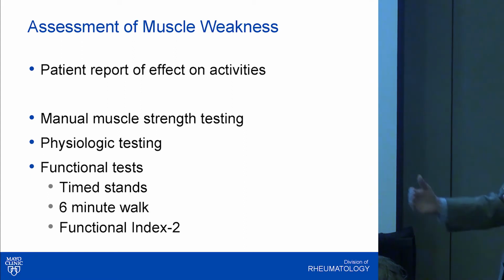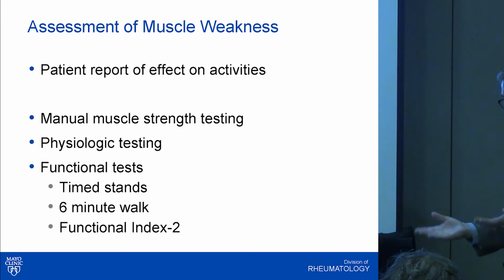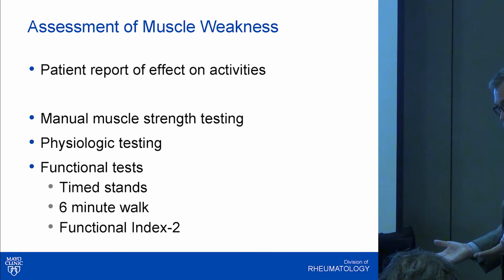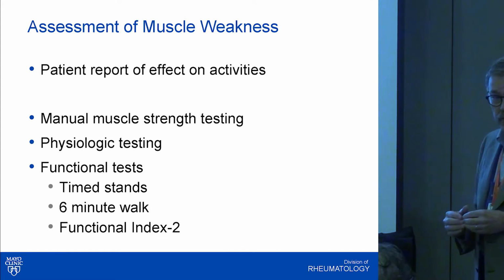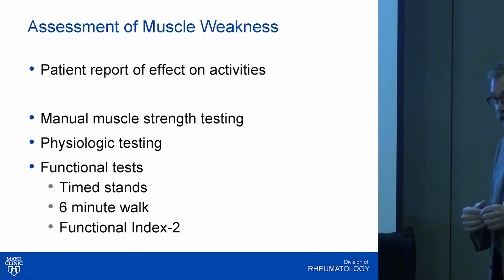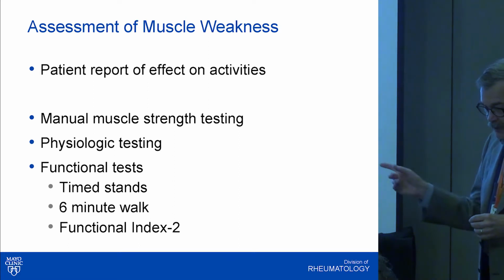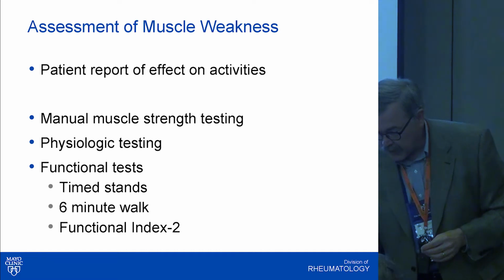How far can you walk in 6 minutes? Timed stands is one that has been done. How long does it take to stand up and sit down 10 times from a standard height chair? And then the functional index 2 is one that was developed by Dr. Helene Alexanderson from Stockholm, who's here doing some talks also. We've done some work with her around that.